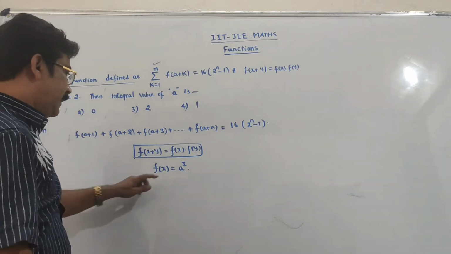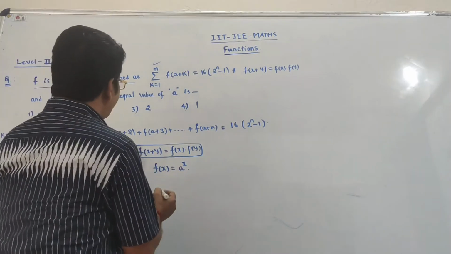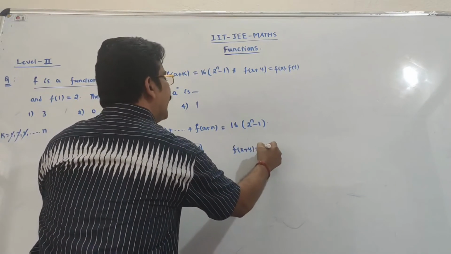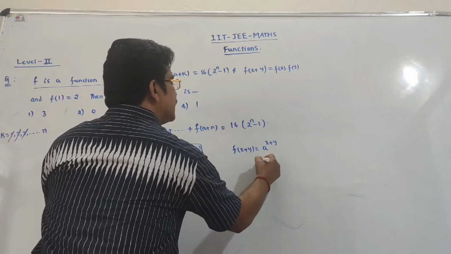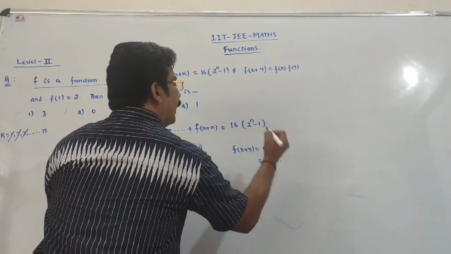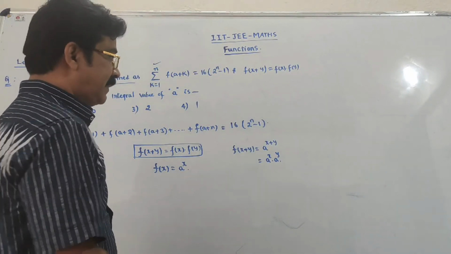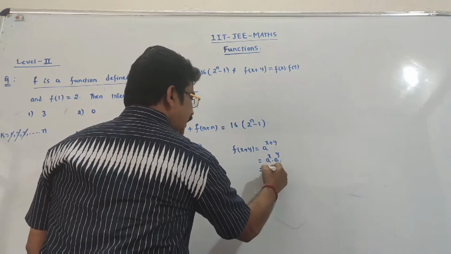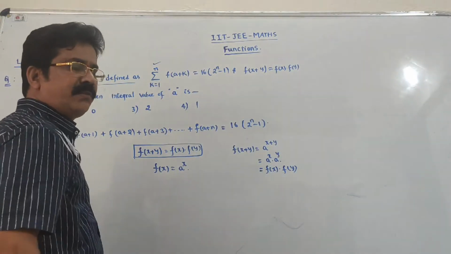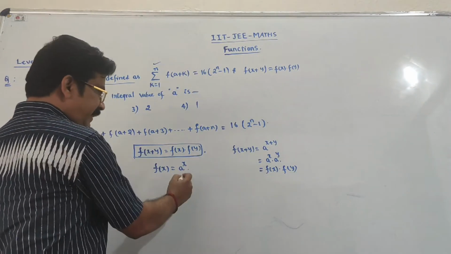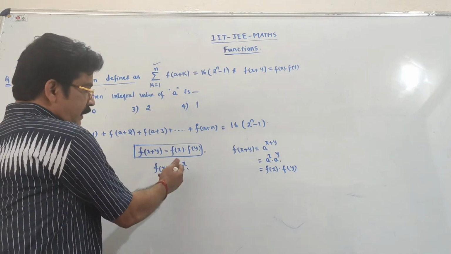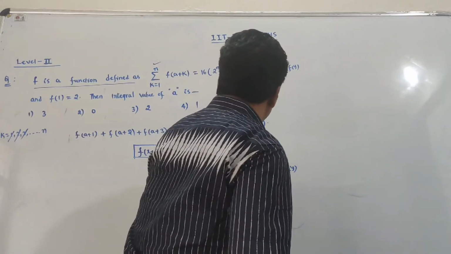You can verify: f(x + y) is equal to a to the power x + y, which equals a to the power x times a to the power y according to the laws of indices. a to the power x is f(x), a to the power y is f(y). So this condition is verified for the function f(x) equal to a to the power x. Of course, we don't yet know the base a.